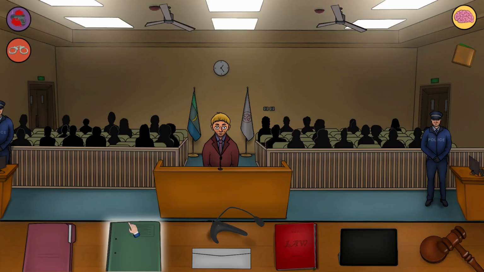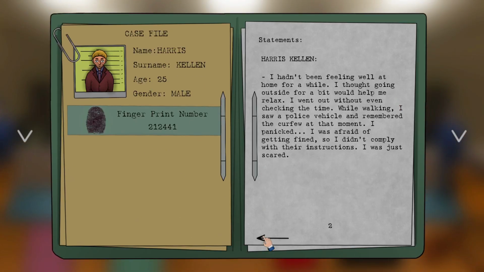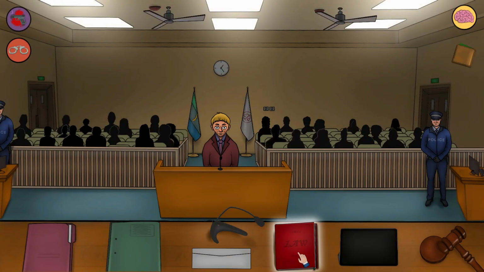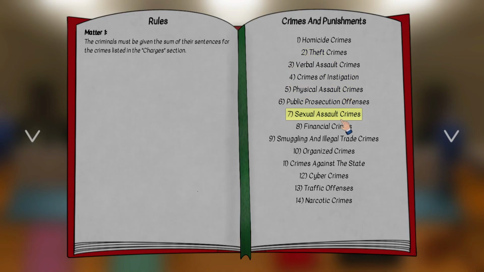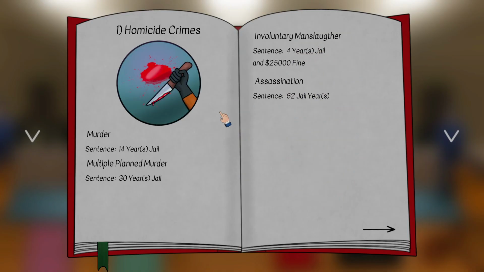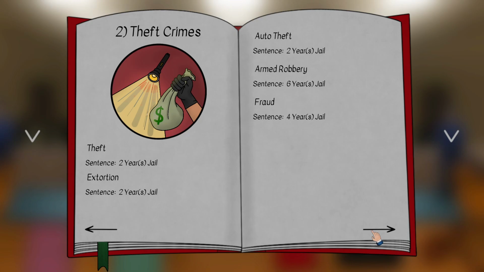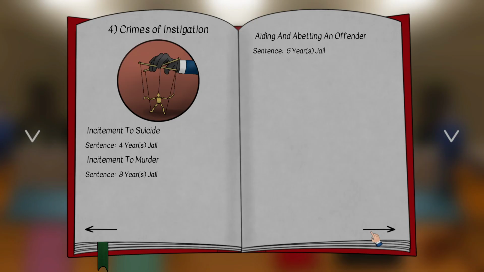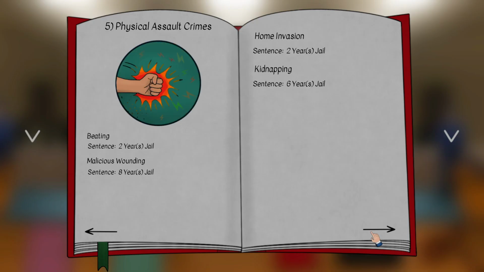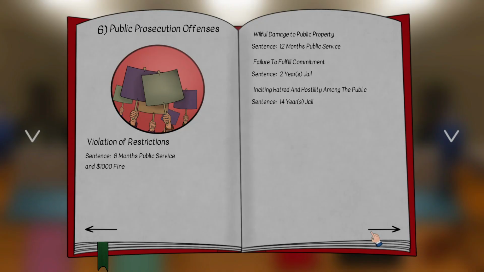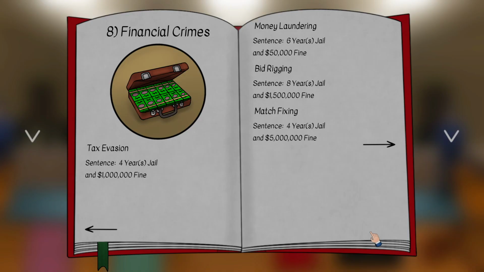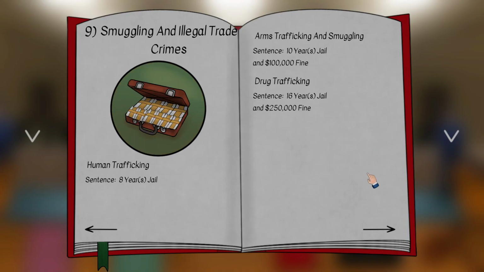Hmm. I honestly do not know what to do here, because he was just violation of restriction. What would that be in? Outside, no. Theft crime, no. Verbal assault crime. Criminal possession, no. No. Sexual, like rape, no. Federal crimes, no. Is that it?